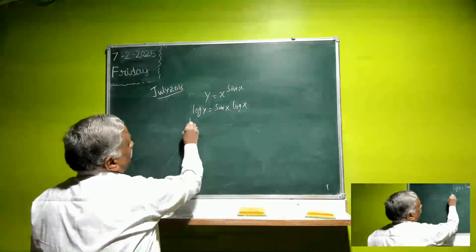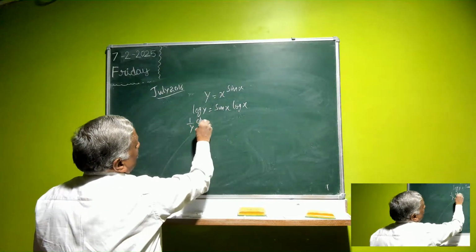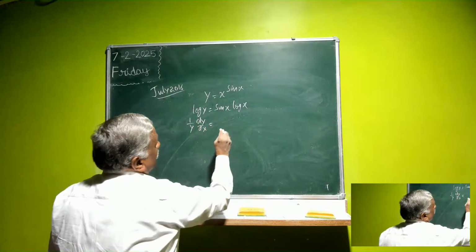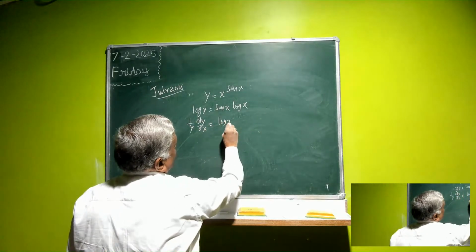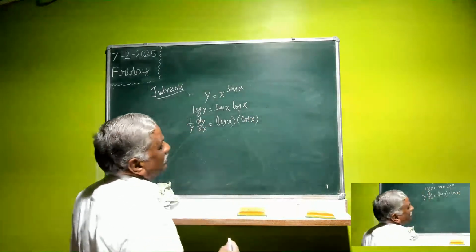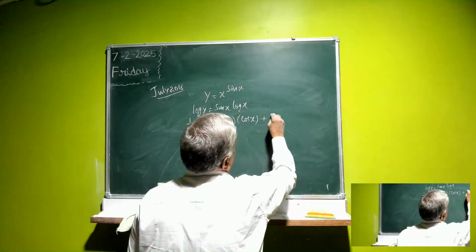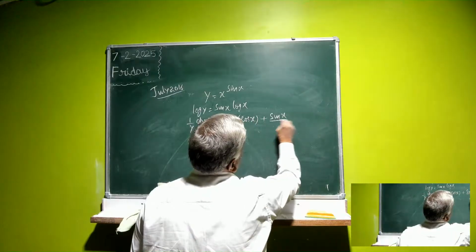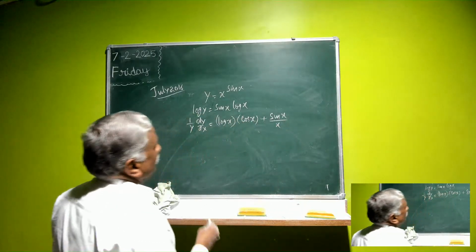So log y gives 1 by y, dy by dx. You keep log x as it is, differentiate sin x, product rule, you get cos x. Keep sin x as it is, differentiate log x, you get 1 by x. Now write the answer.